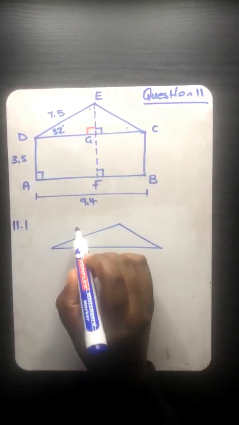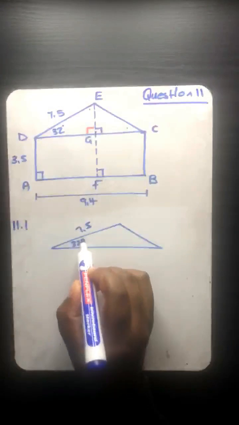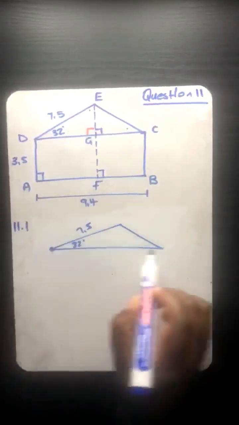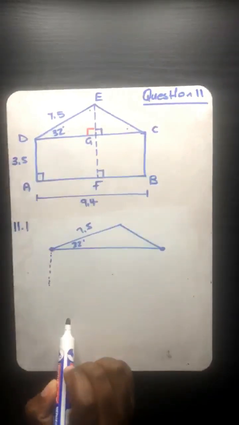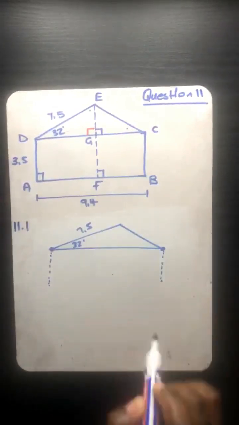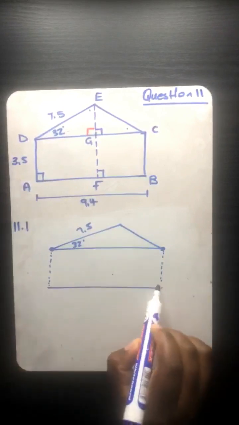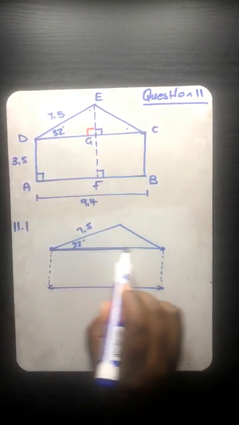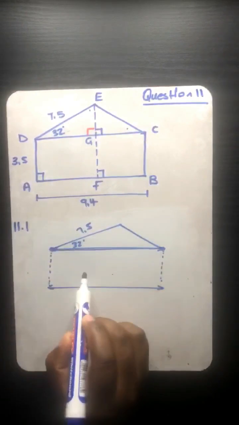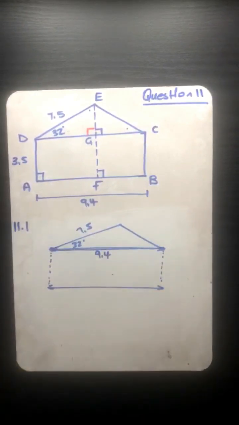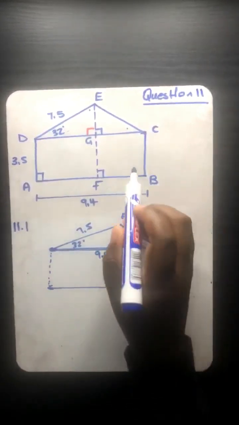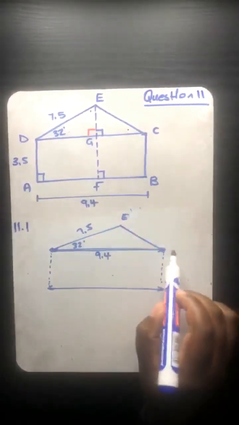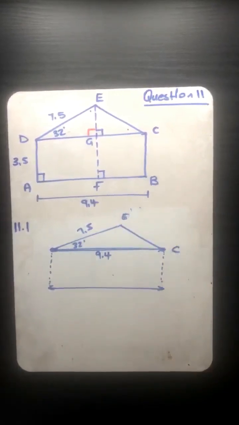Then you realize you have 7.5 and you have 32 degrees. Can you not find this side? If you have a house, it has to be a wall which is straight, meaning the distance from there to there is the same as the distance from there to there, which means this distance is also 9.4. Then you can easily calculate your EC. I'm not sure if it makes sense now, honorable members, but I see someone smiling there.